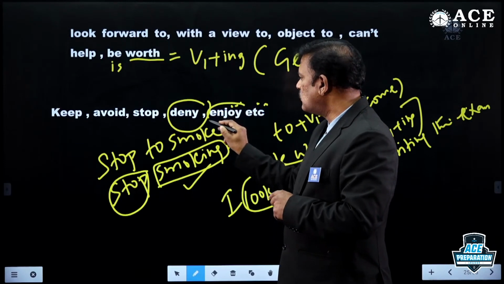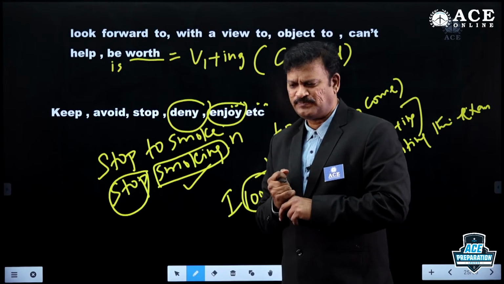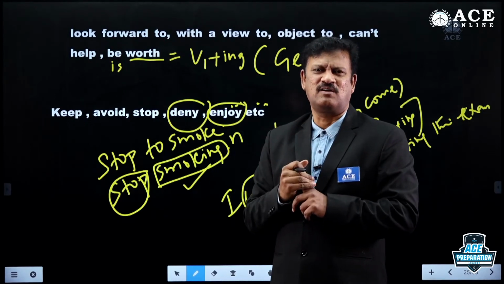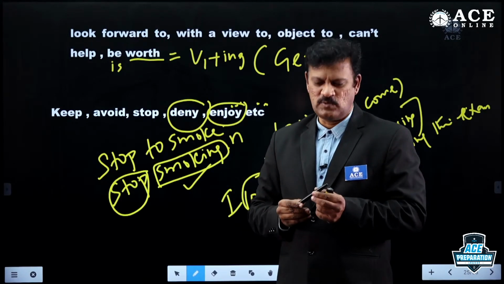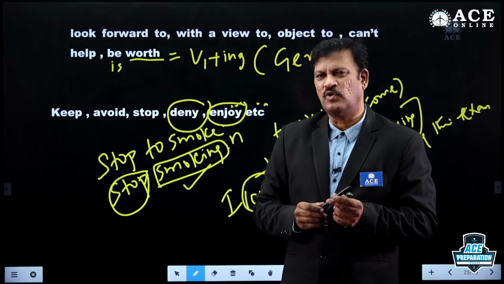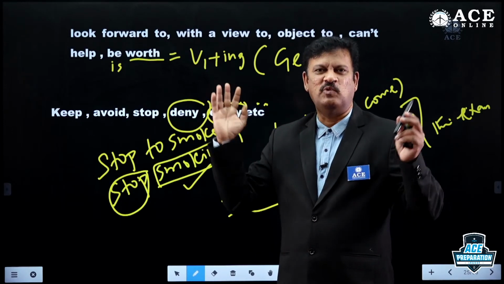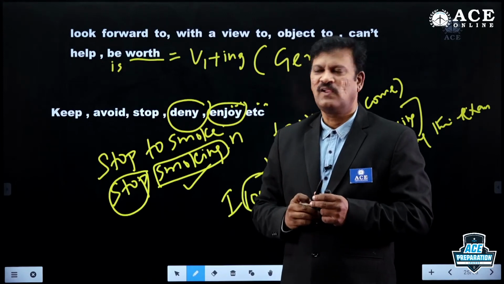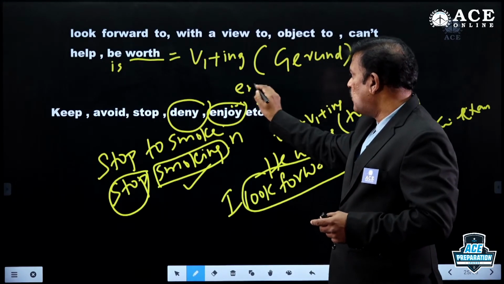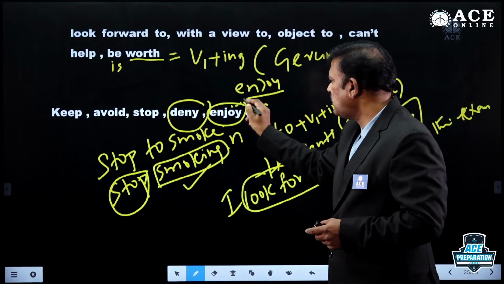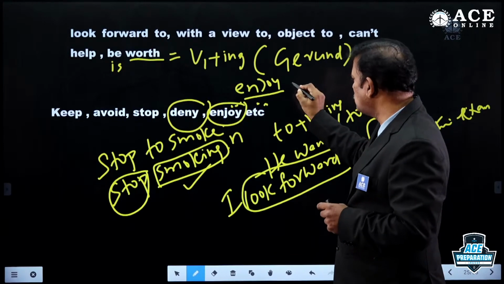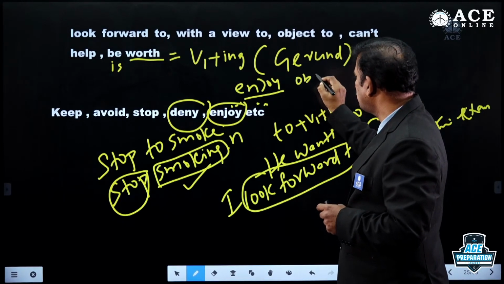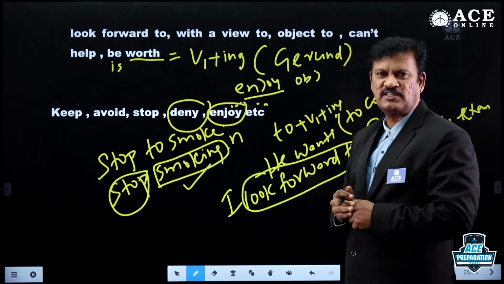Guys, look at this one. Enjoy. Very frequently in our Indian context, no problem. Suppose I tell you, guys, tomorrow I'm going to watch a movie or I'm watching movie, planned. Then you say, okay, sir, enjoy. Enjoy cannot be used just like that. It has to have an object.